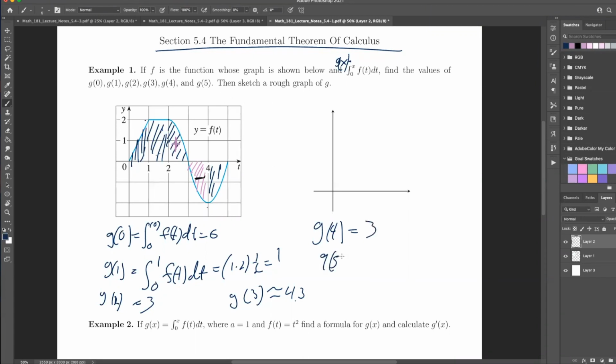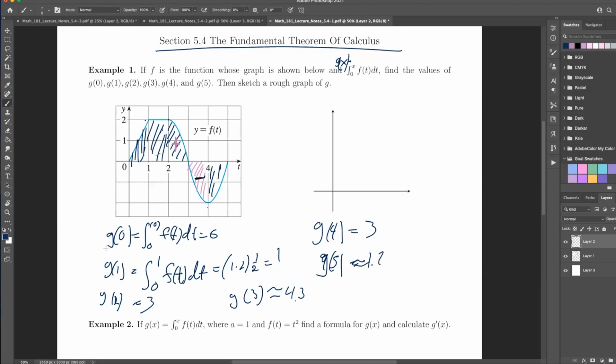And G of 5, when we go back to this, oh, this is a T, sorry. And this is a half. And then for f of 5, we're going to subtract this back out, and I said that was about 1.3. So if I subtract 1.3 from that, it'd be about 1.7.